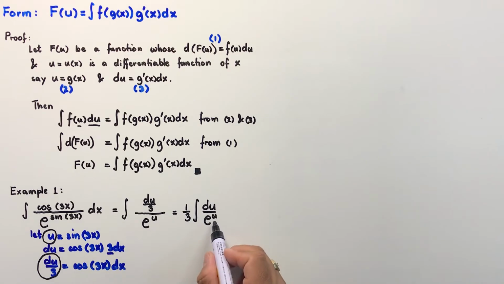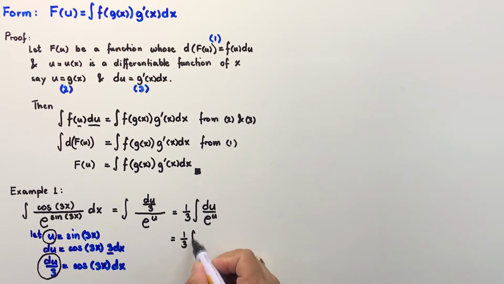But we can move this up in the numerator. So we have 1/3 of the integral of e to the power negative u du by applying the law of exponents. And we notice that the differential of negative u is not du, but negative du.